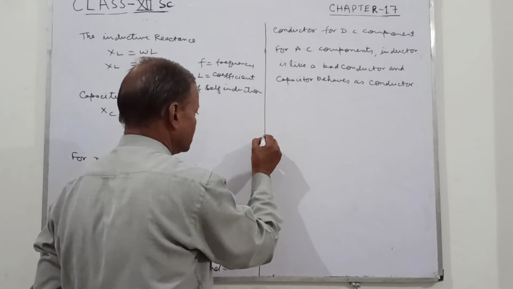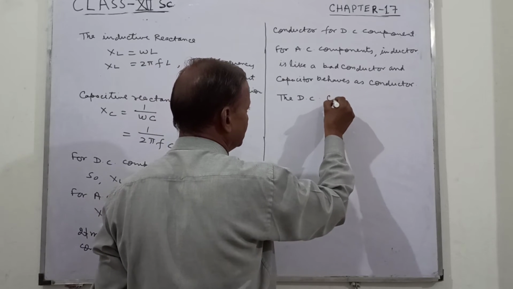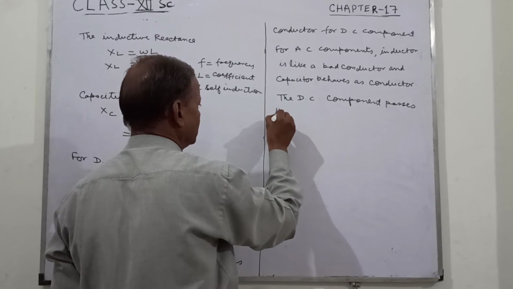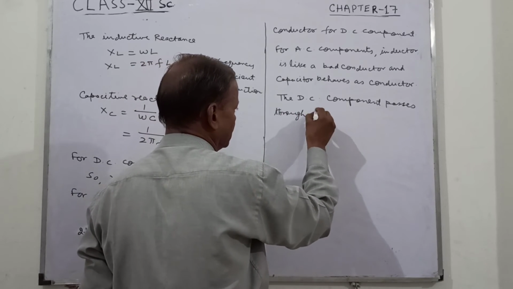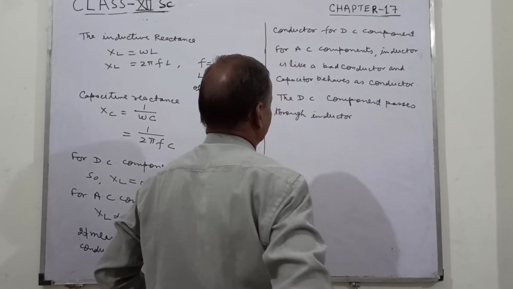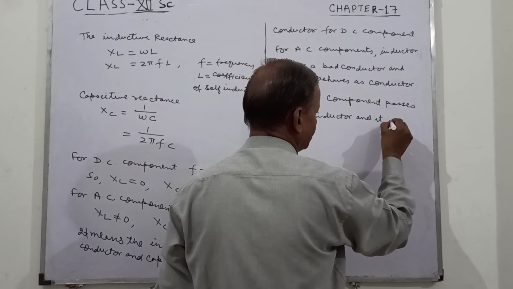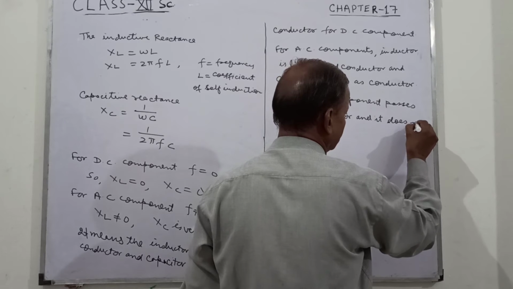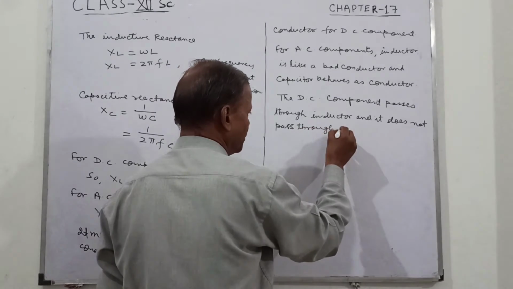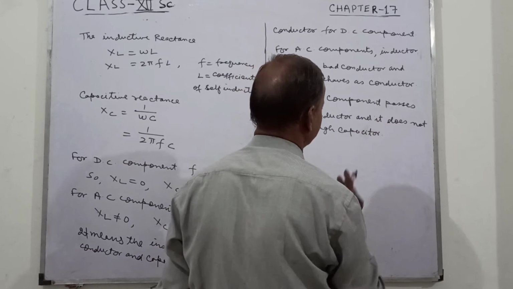So the DC component passes through the inductor and does not pass through the capacitor.